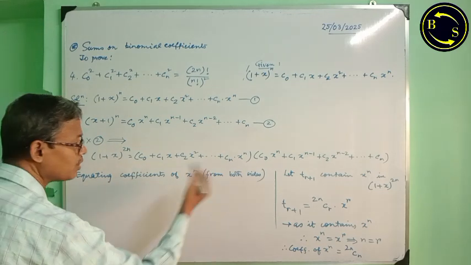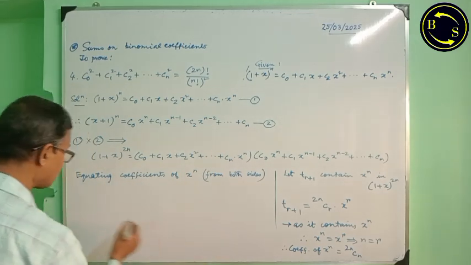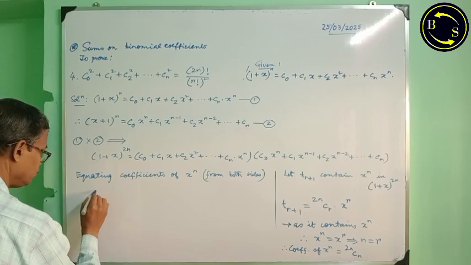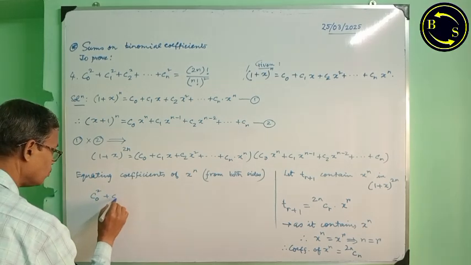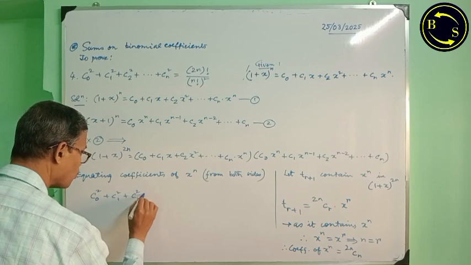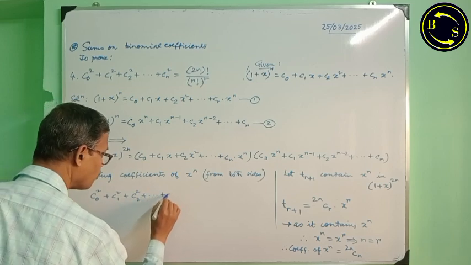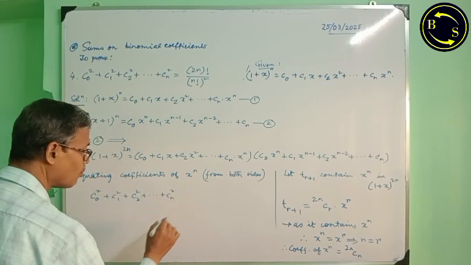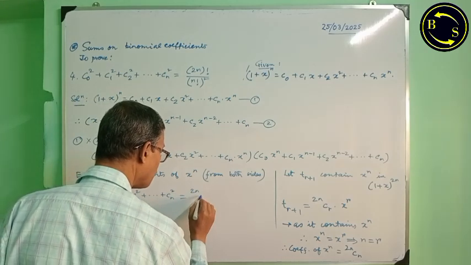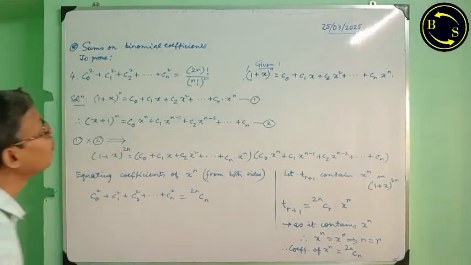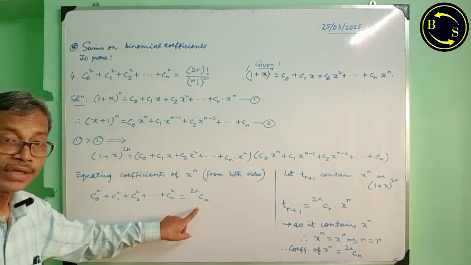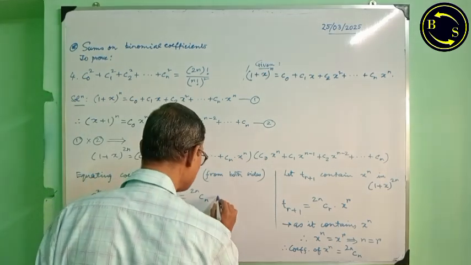Therefore, we are now equating to 2n Cn.